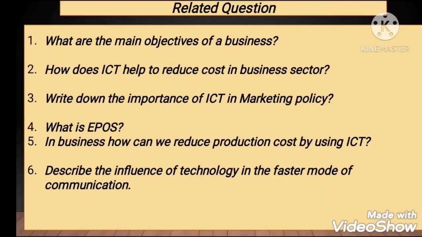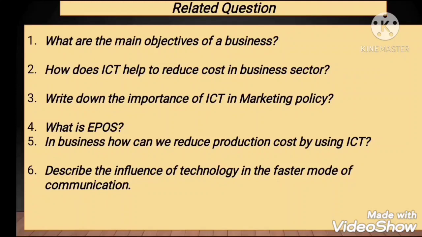Then question number 5: in business, how can we reduce production cost by using ICT? How you can minimize production cost, you have to write according to your textbook. You can write some more information from websites or from Google, you can search.